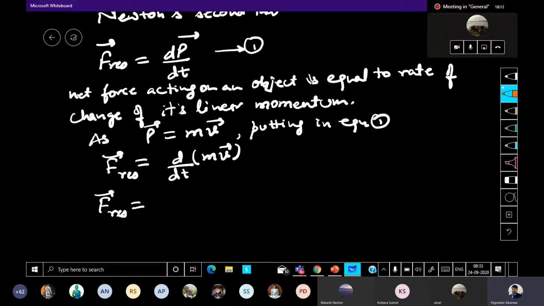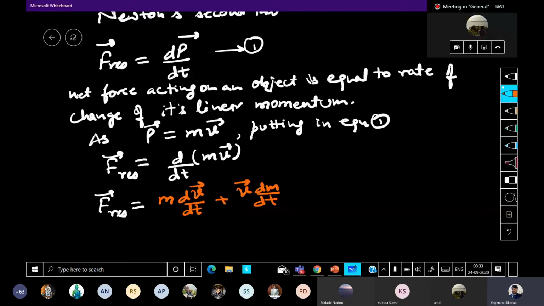Let us see what the differentiation will be. It will be m, first function into differentiation of second function, plus second function into differentiation of first function.